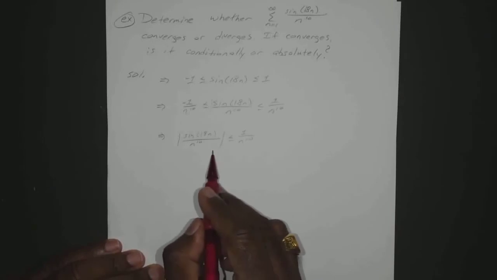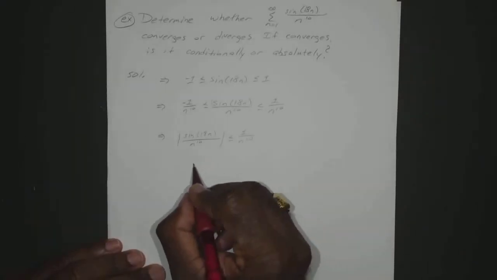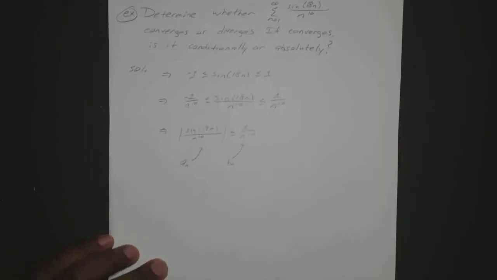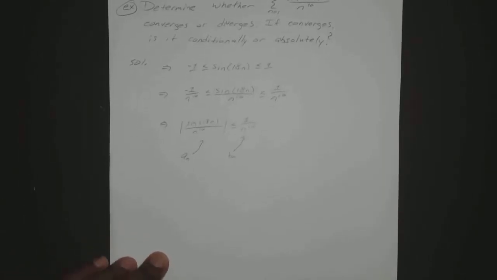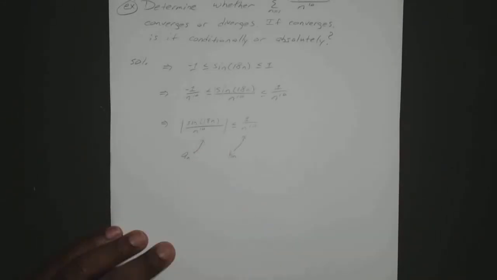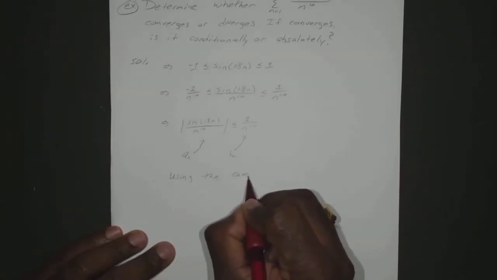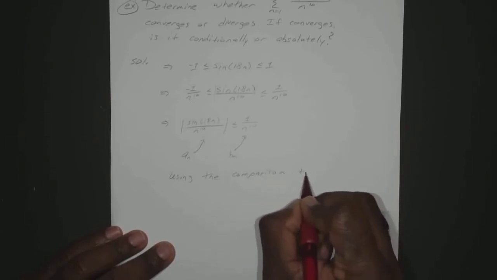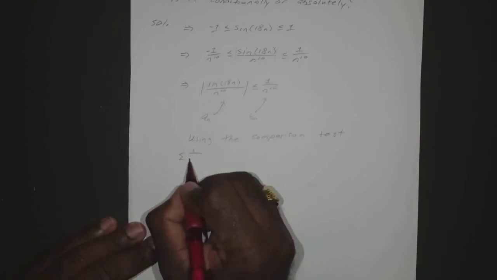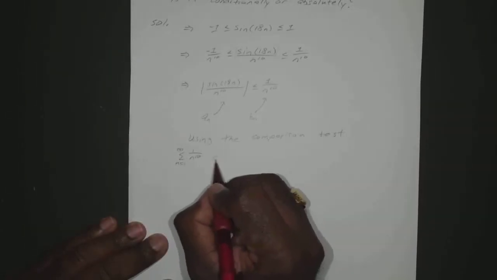Let's say we make the left side our a sub n and 1 over n to the 10th power our b sub n. This is always going to be less than our b sub n, and using the comparison test, the sum of 1 over n to the 10th power, n equals 1 to infinity, converges.